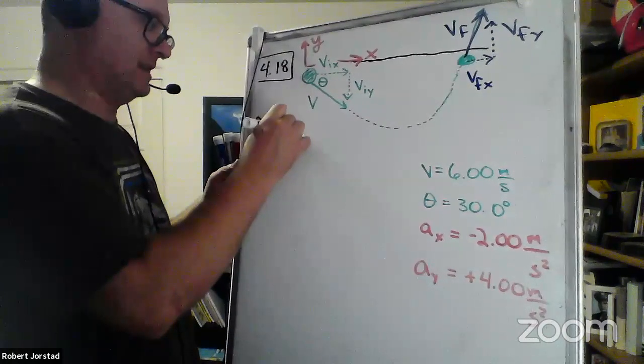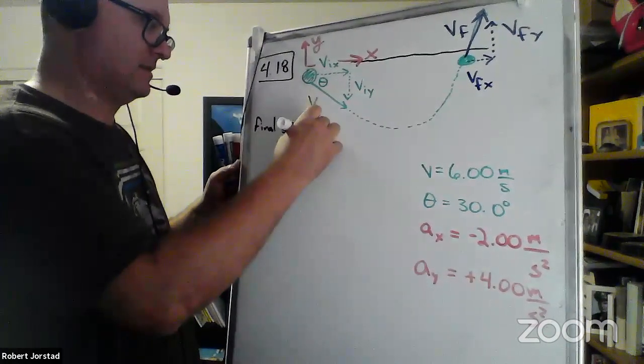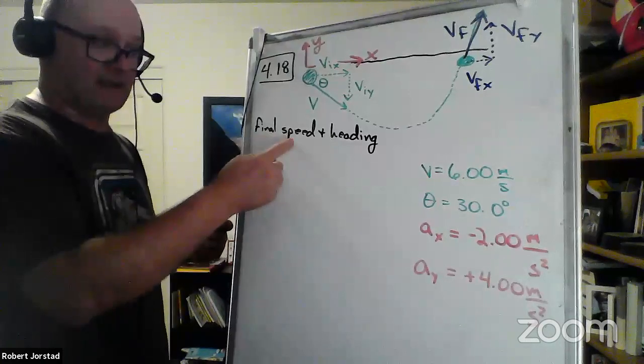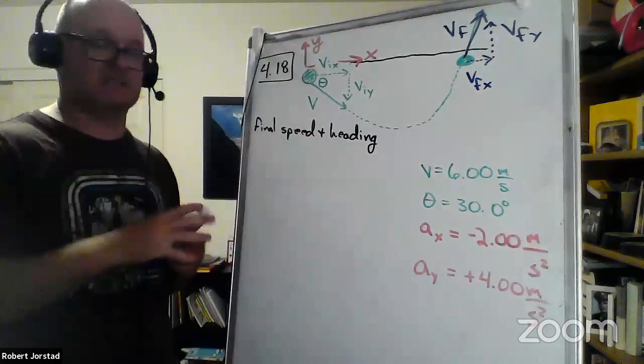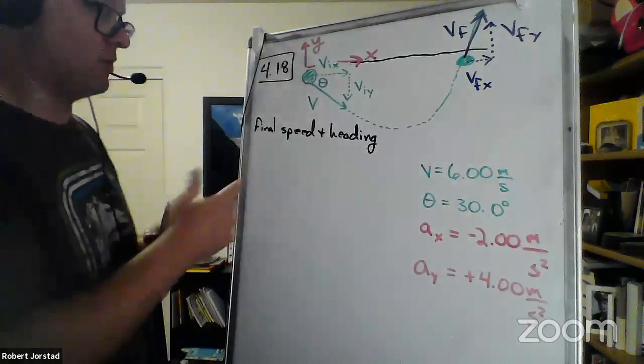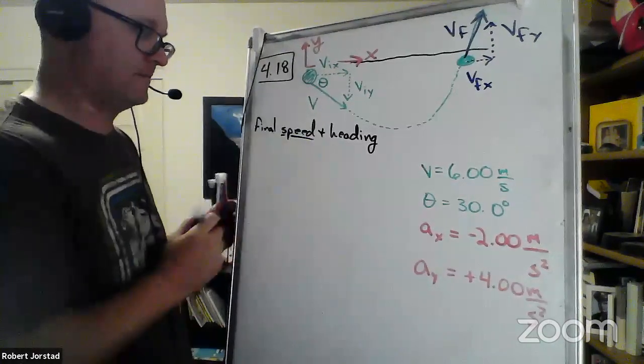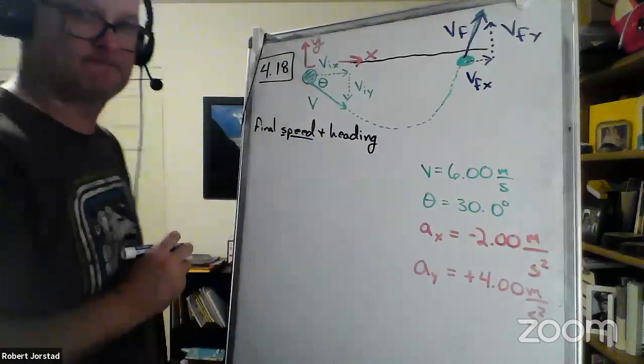What does that mean? So it wants to know the resultant vector, I guess. Yeah, exactly. In polar form, magnitude and direction. Excellent. So according to these, what symbol is final speed? VF. That's VF.